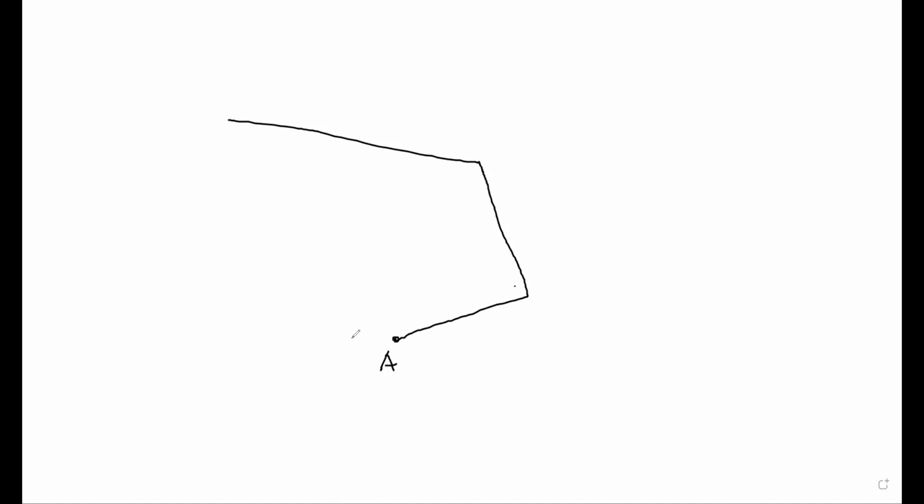Your A dash would finish 1 millimeter this way and 4 millimeter in north. So this is 4 millimeter. So you will end up this way. Your A dash will come somewhere here.